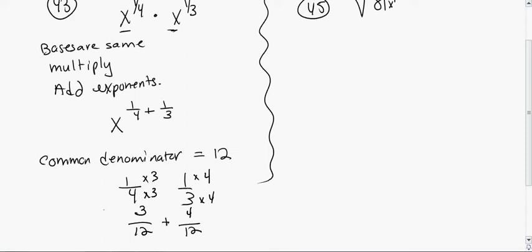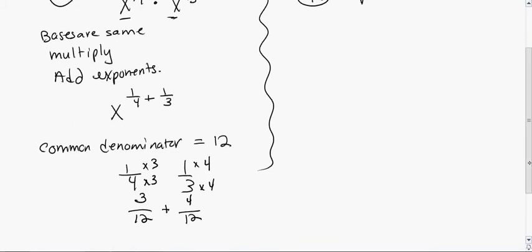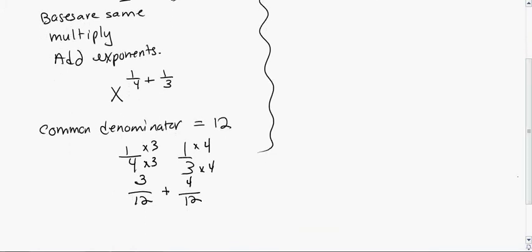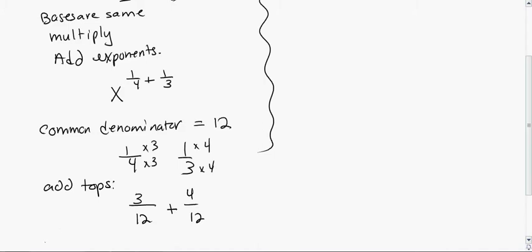Now that I have changed the two fractions into something that have common denominators, let me move these down a little bit. Give them a little space. So this becomes 3/12, and this becomes 4/12. Now that I have a common denominator, I can add the numerators.